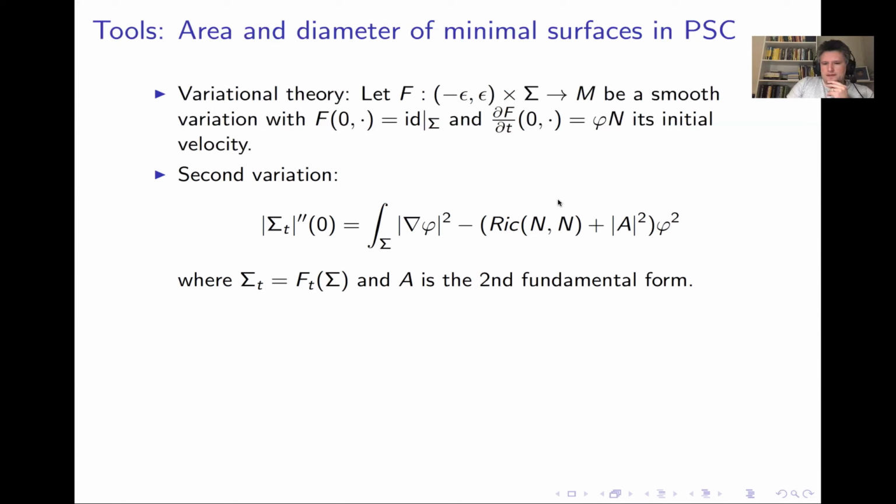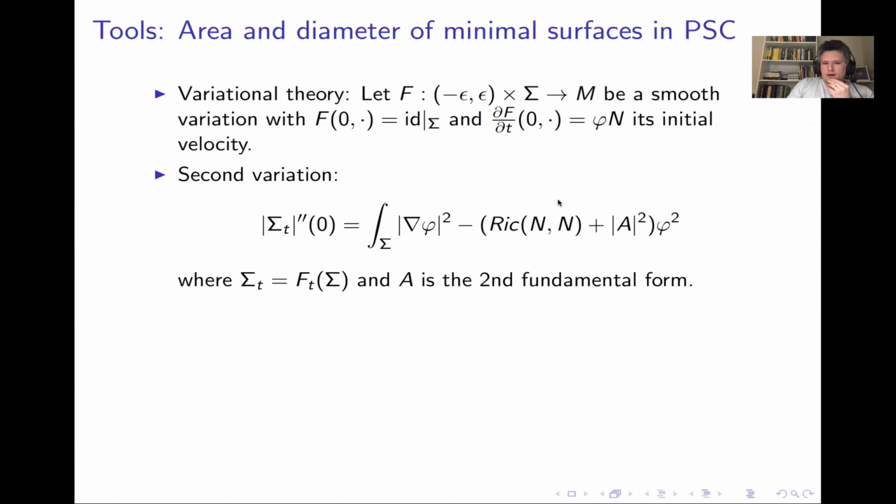Okay, and what does stability mean? Well, stability is basically that this integral quantity is greater than or equal to 0, no matter what variation phi you choose. So that's what it means for the surface to be area minimizing up to second order.